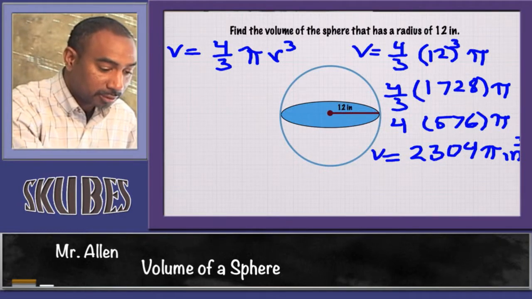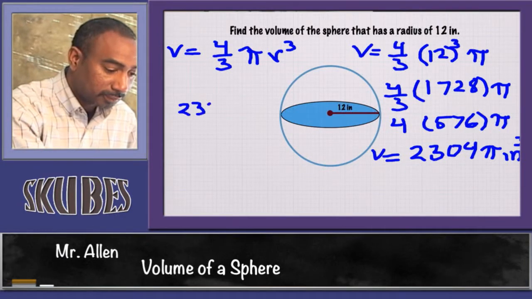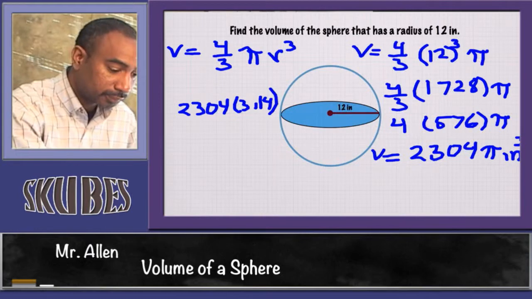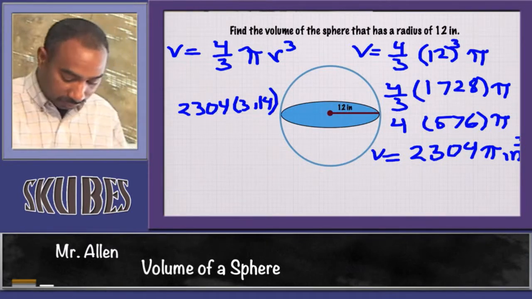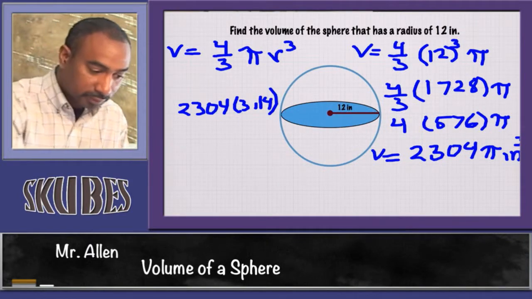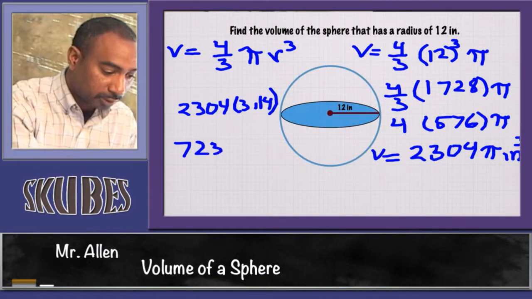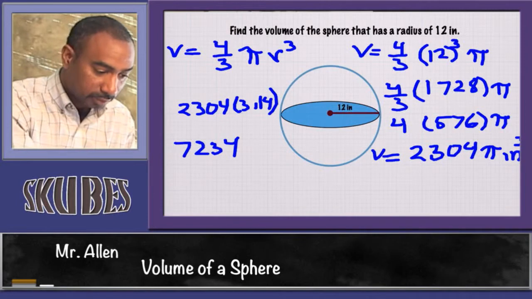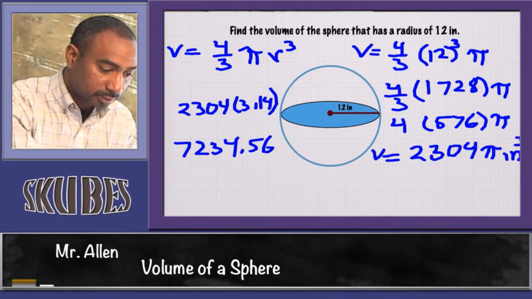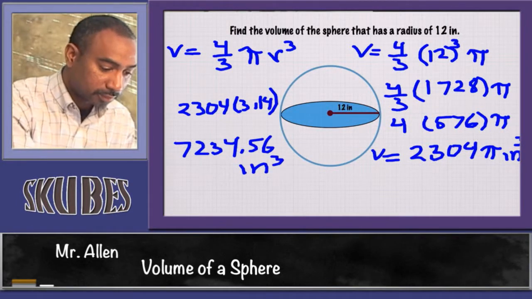So if you do that, you get 2,304 times 3.14, which will give you approximately 7,234.56 cubic inches.